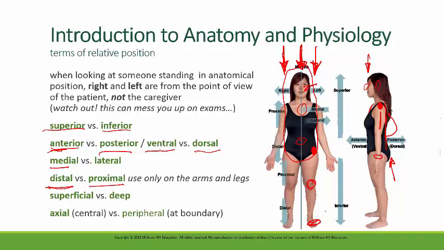Now, if we want to talk about the surface of an organ or the surface of the body and compare a location to the surface as opposed to being deep inside the body or deep toward the interior of the organ, then we use the terms superficial and deep. Superficial means up close to the surface, while deep, hopefully that's pretty obvious to you, means deeper down.